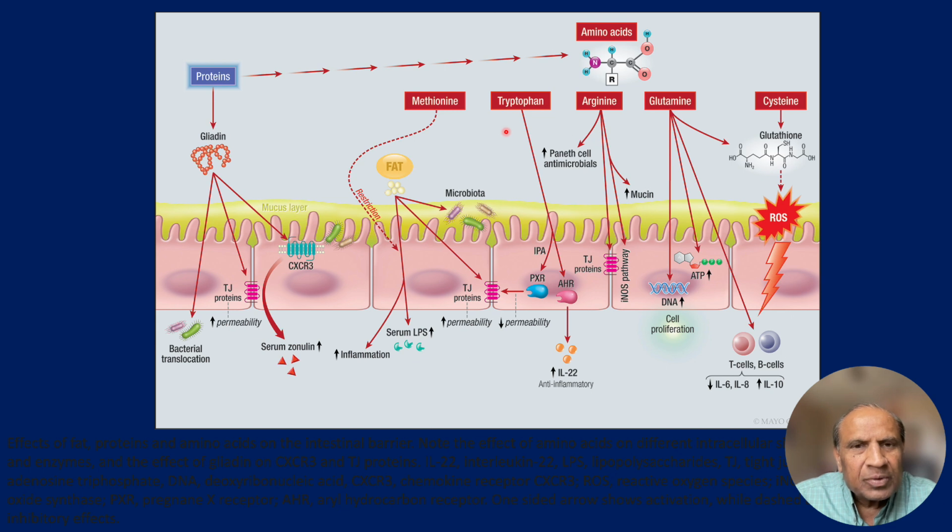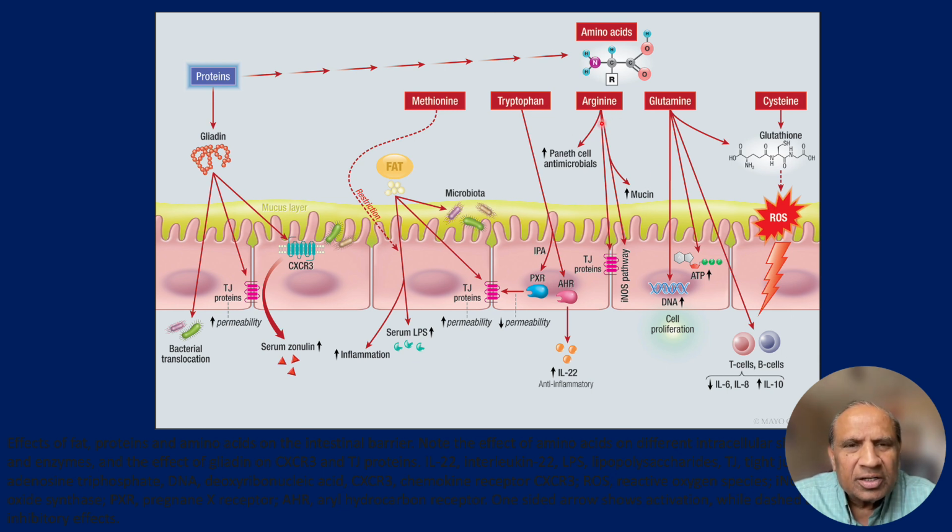intestinal permeability. Out of all the amino acids studied, the one that is studied most is glutamine. Glutamine is important for cellular growth of the intestinal epithelium, and also it tends to improve the tight junctions, and glutamine also helps in making the glutathione complex, which is an antioxidant, and helps in getting rid of free radicals.